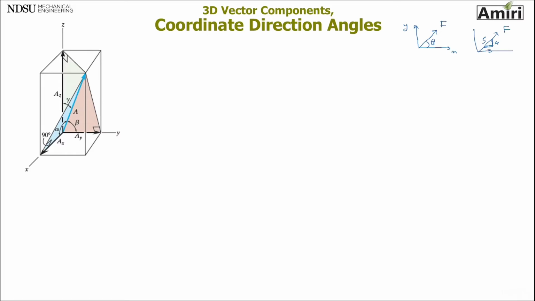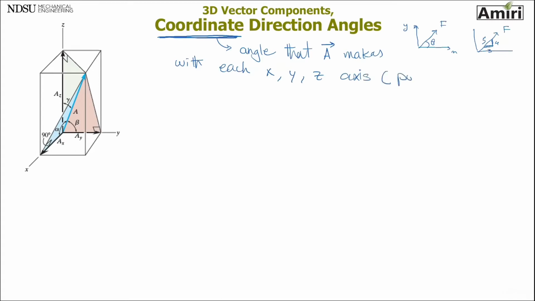One is using coordinate direction angles. In other words, the angle that our vector, in this case A, makes with each of the x, y, z axes' positive direction.